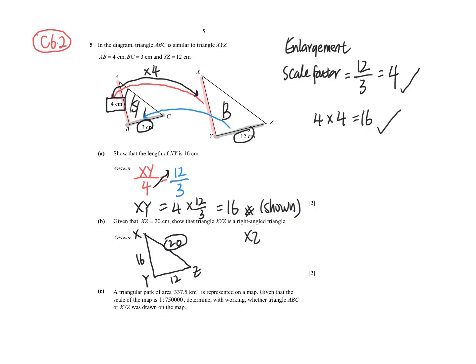So xz square is 20 square, which is 400. So you show me the square of hypotenuse first. Next, you go and find the sum of the squares of the other 2 sides. Write it this way. Don't write a square plus b square. Write the label according to your triangle. So you get 16 square plus 12 square, which is also 400.